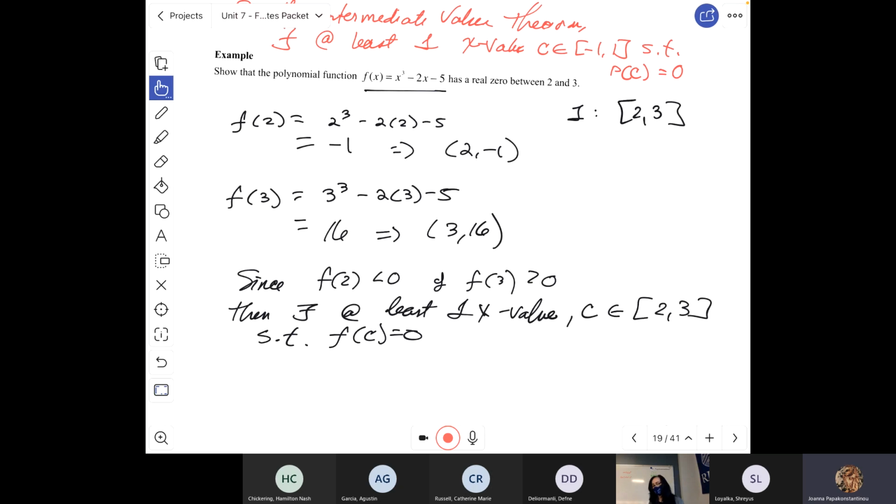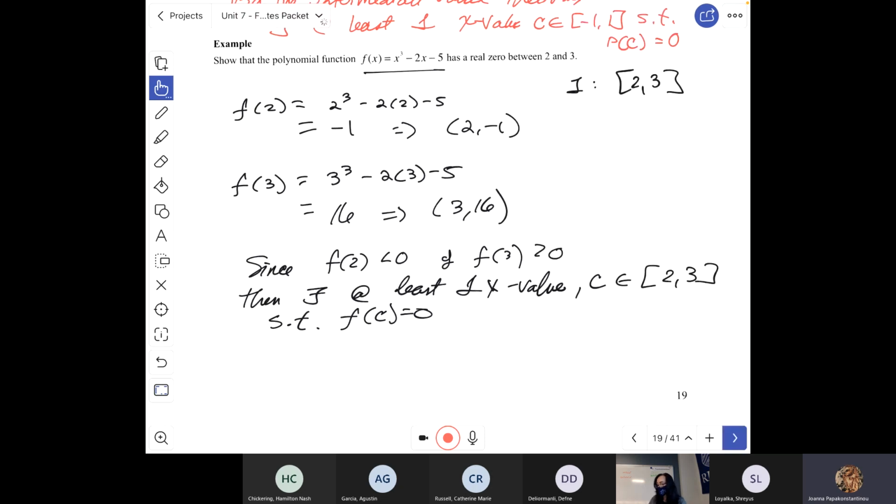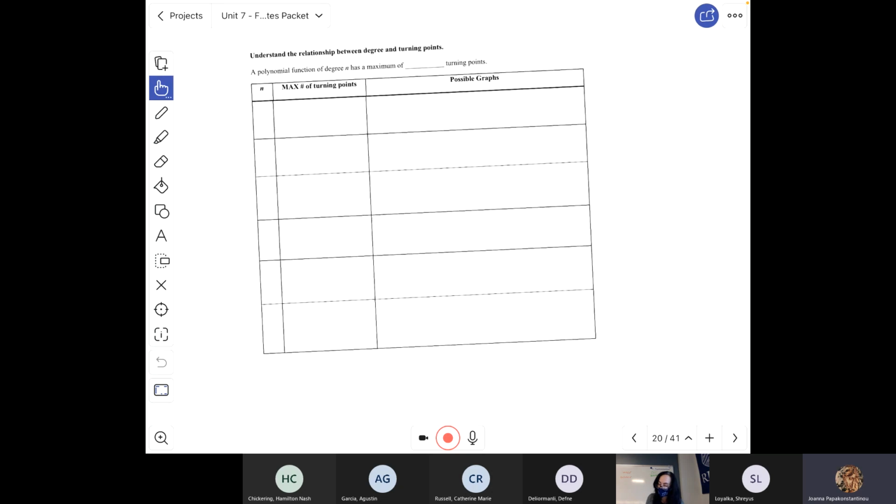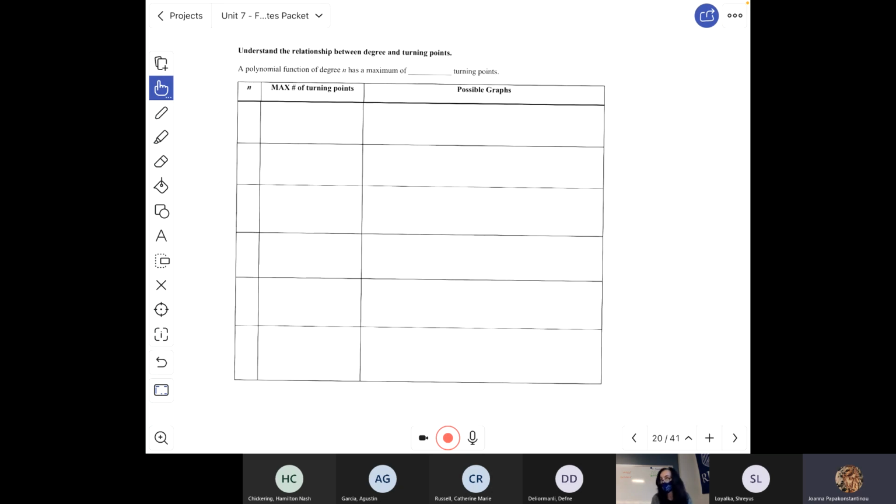Okay. But isn't this theorem just kind of common sense? Yeah, it is. But that's how you algebraically show it. Yes, absolutely. You are correct.